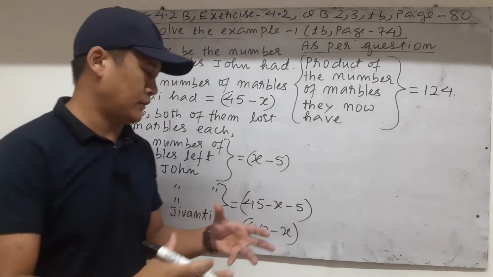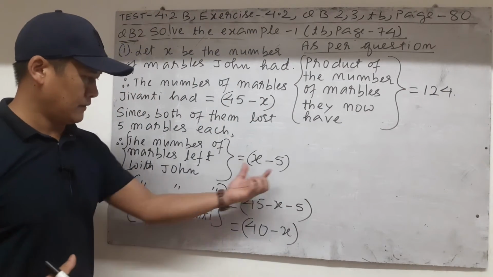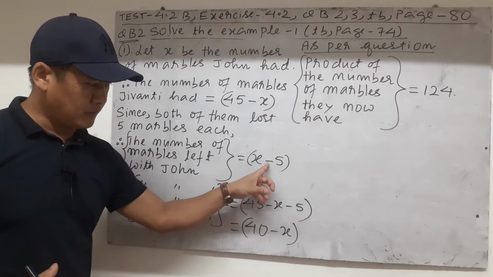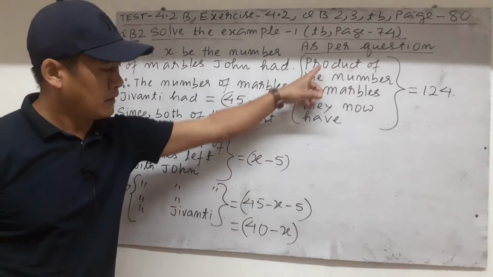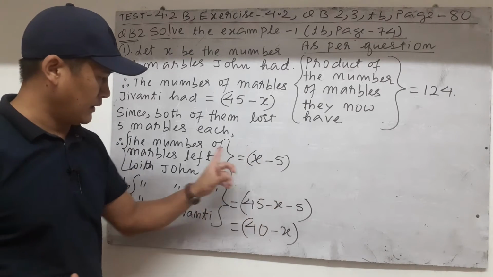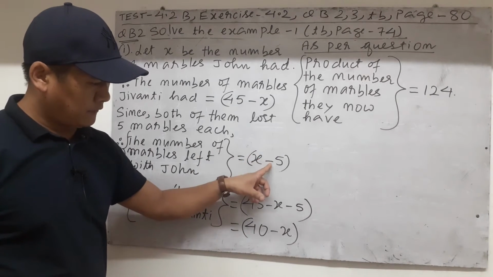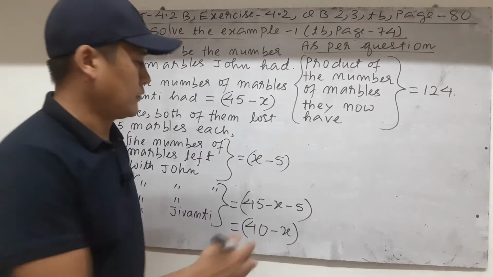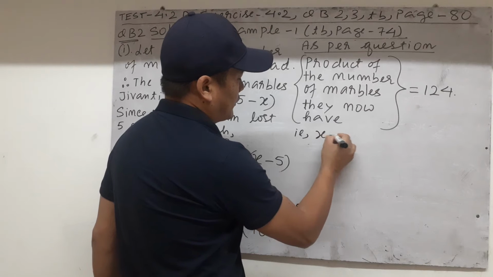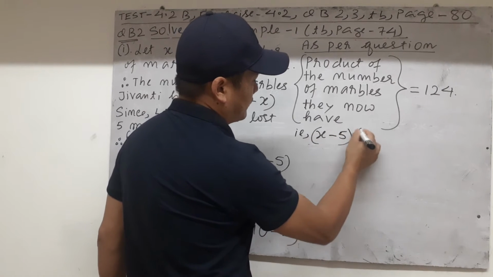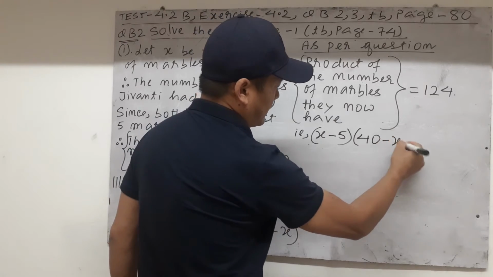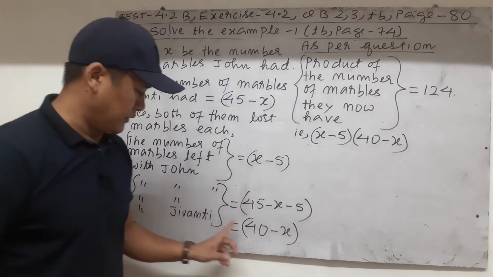After they lost 5 marbles each, this for John and this for Giovanni, these two multiplied, the product, means the number of marbles they have remaining after they lost 5. If you multiply that, you're getting 124, which means the number of marbles John had after losing 5 multiplied by the number of marbles left with Giovanni after losing 5.